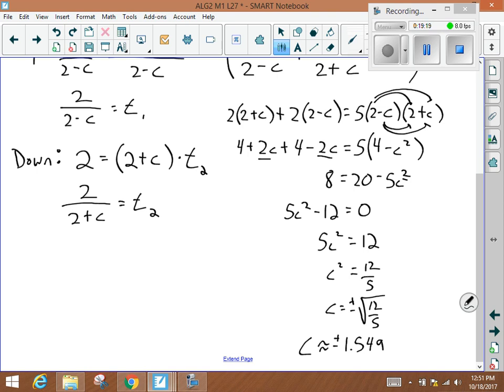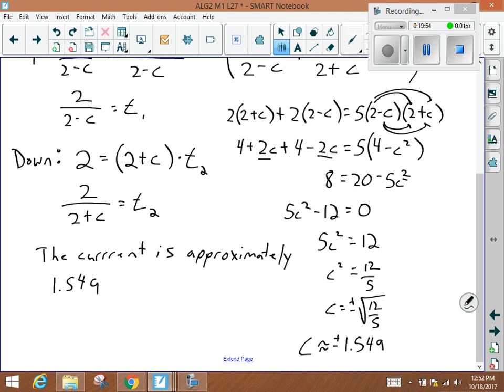And really, if we're going somewhere, it doesn't make sense for us to have a negative rate, right? So then we would say that the current is approximately 1.549.